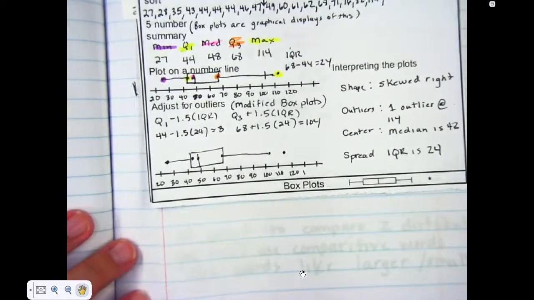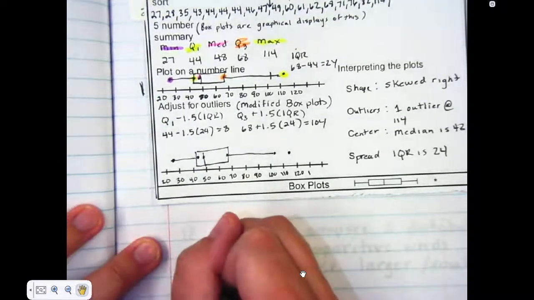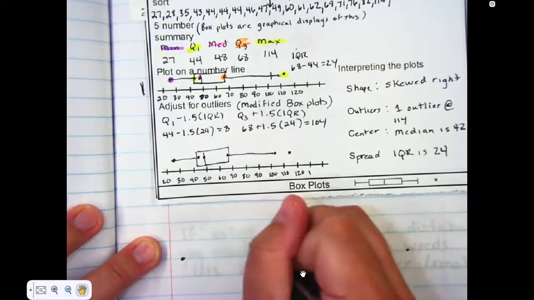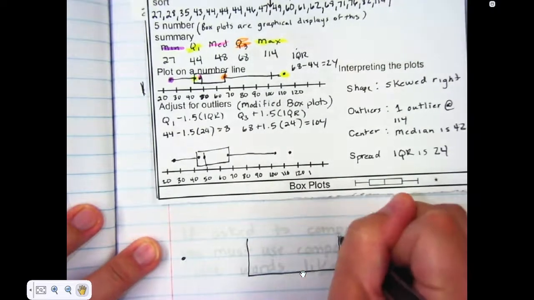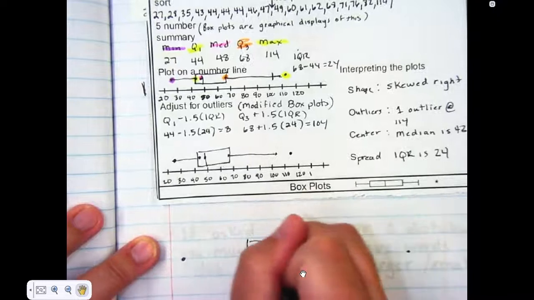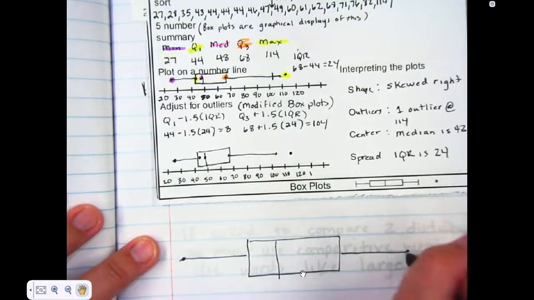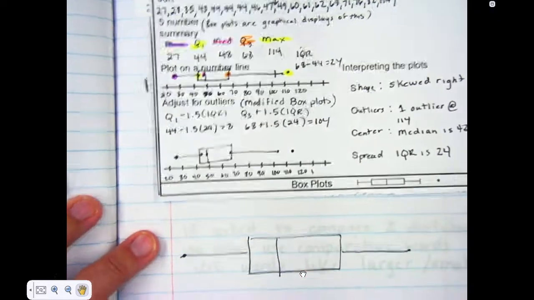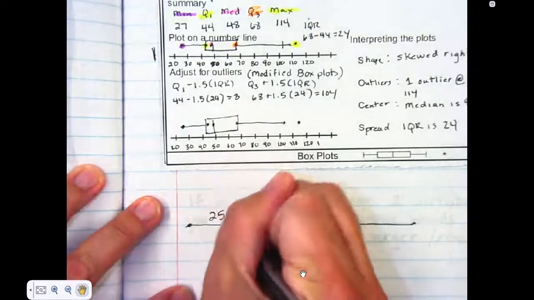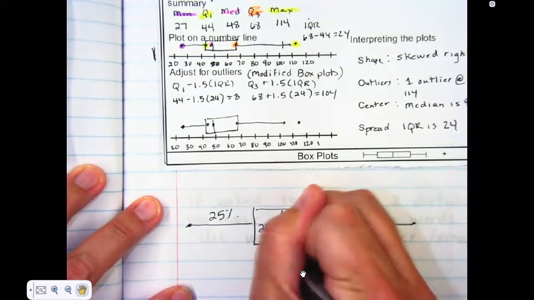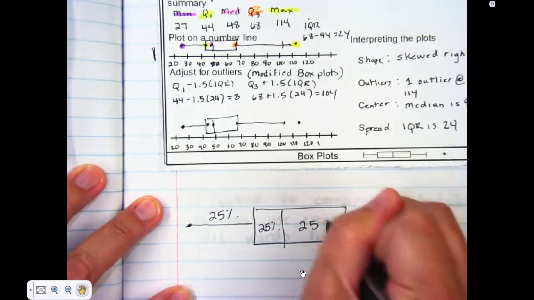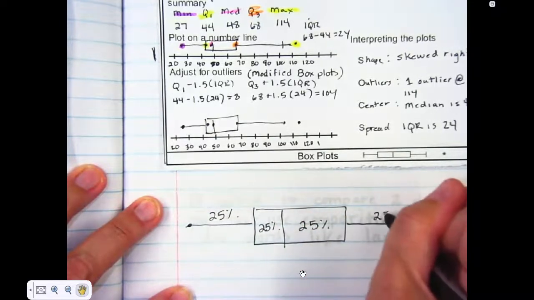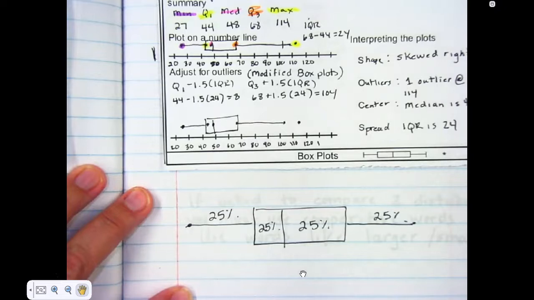Now there's one last thing we need to talk about, and that is what a box plot actually shows. You get these questions a lot. Quartiles divide things into quarters, so 25% of the data is within each of these groups.